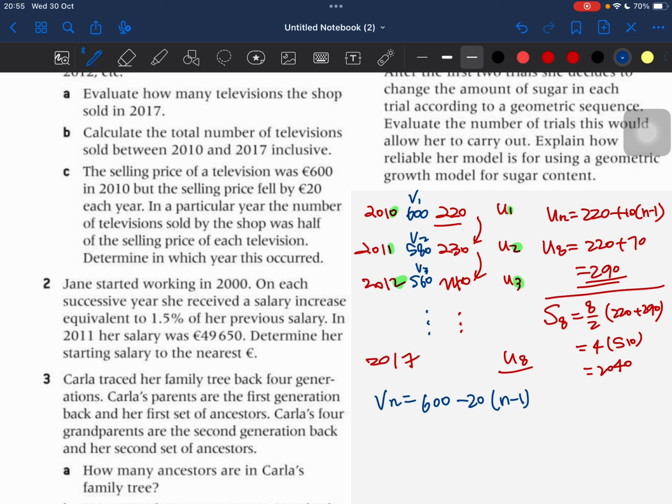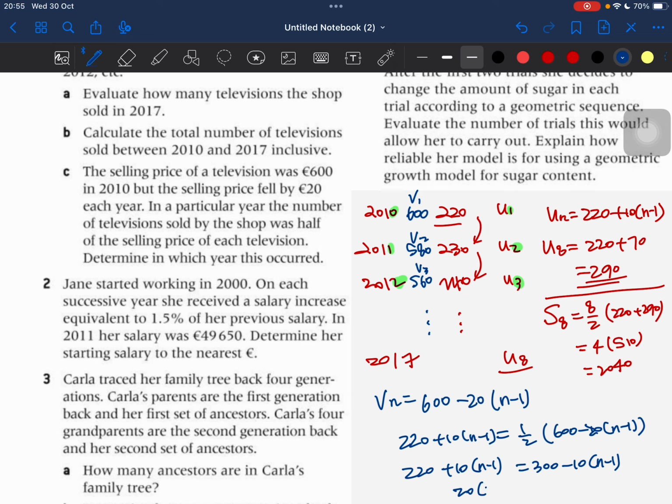As described, in the particular year, the number of televisions sold, which is Un, 220 plus 10 times n minus 1, was half of the selling price of each television. So this is 220 plus 10 times n minus 1 equals 300 minus 10 times n minus 1.